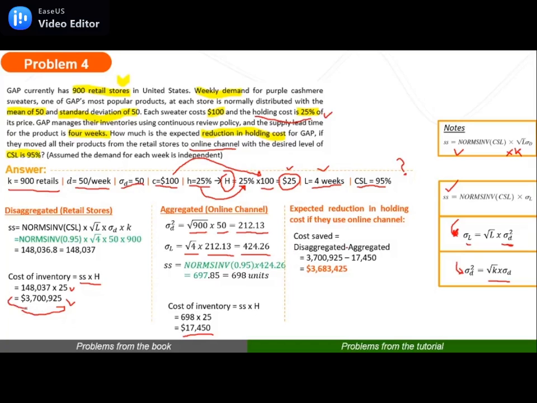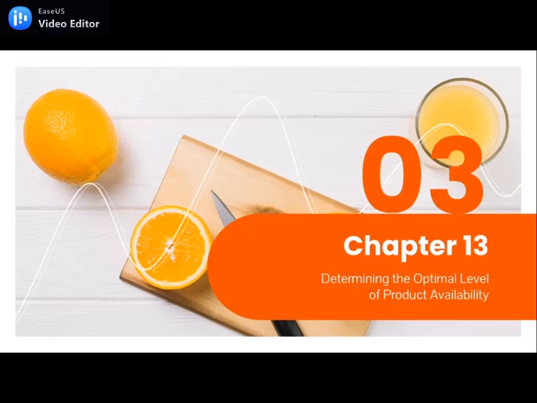So the numbers here, the 3 billions minus the 17,000 from here, and when we use the online channel, the expected reduction in holding cost is 3,683,425. Okay, that's it. And then we move to chapter 13, that is determining the optimal level of product availability.